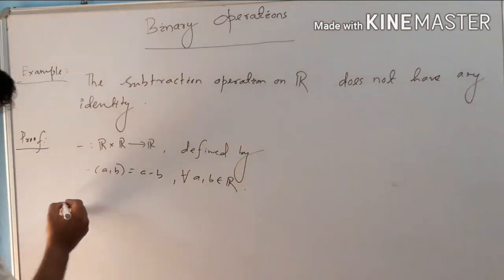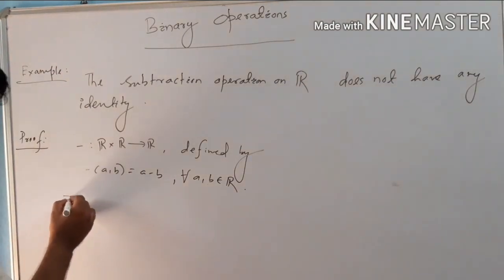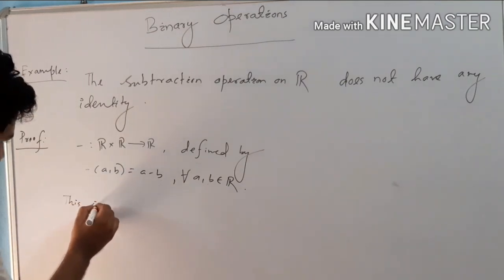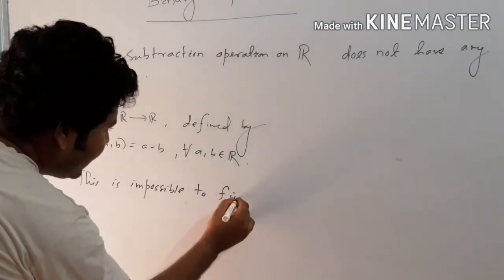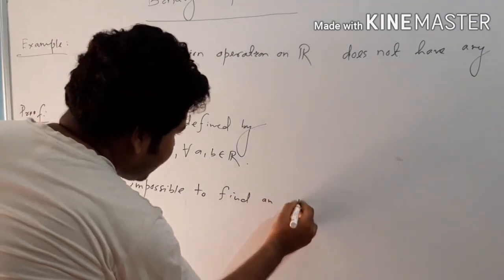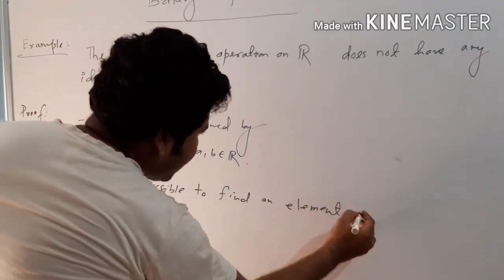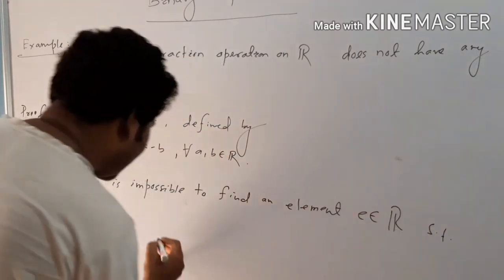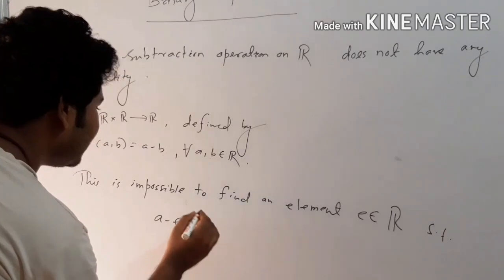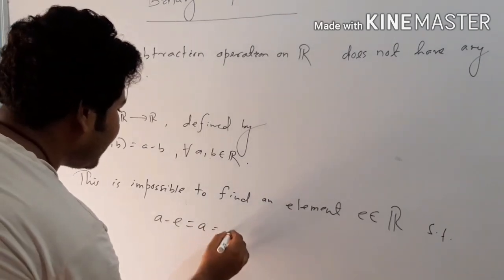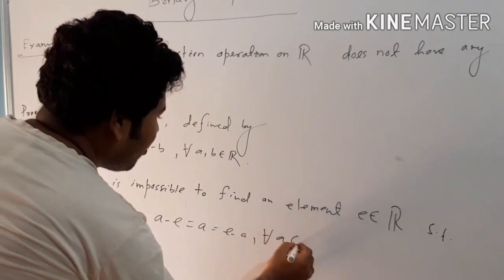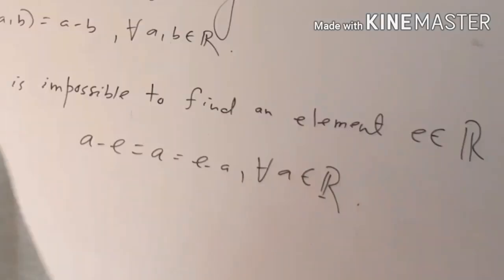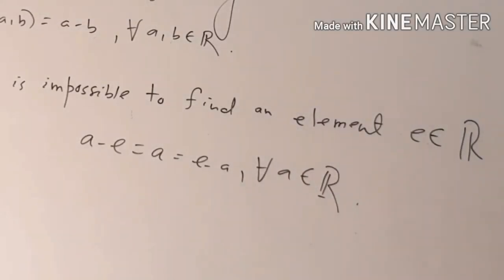So this is impossible: to find an element E belongs to R such that A star E equal to E star A for all A belongs to R. So therefore the subtraction operation on R does not have any identity, because we are not able to do this.